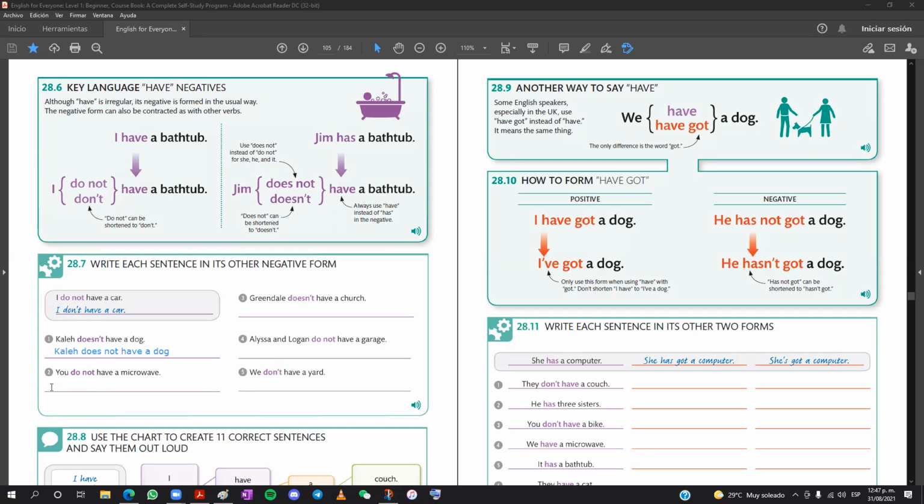La segunda. You don't have a microwave. Muy bien. La tercera.